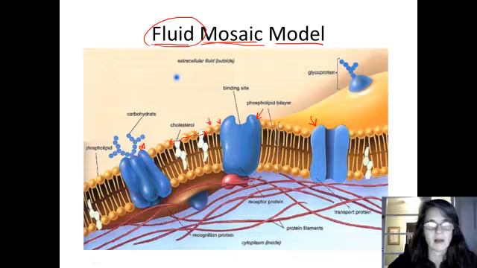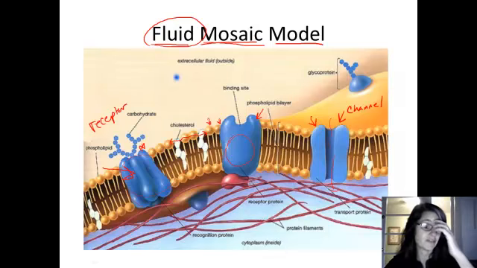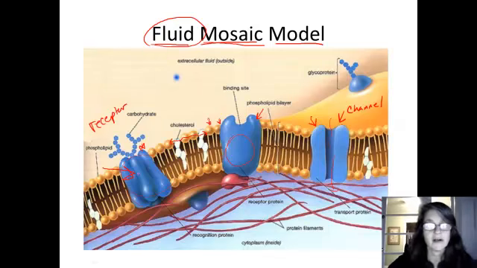So here would be a big glob of protein. Here's one, here's one. Some of them act as channels, like this one. You can see that it's like a little tunnel and something could pass through it. This one is a receptor, but it's not all that different from an identification marker, which is a protein with a little special funky identification tag stuck to it.